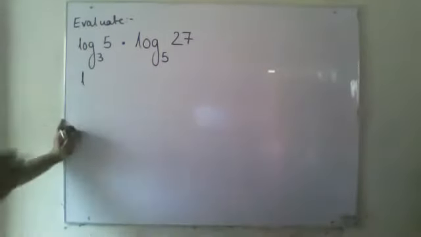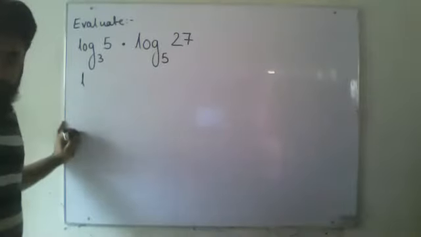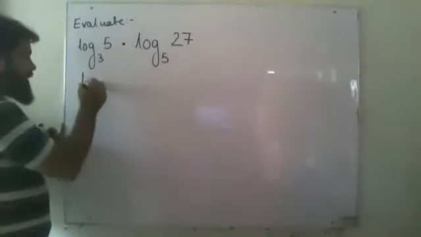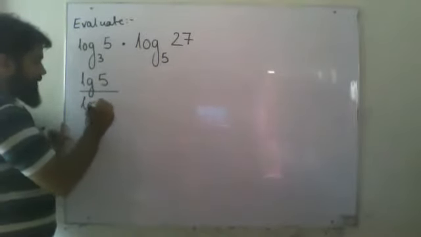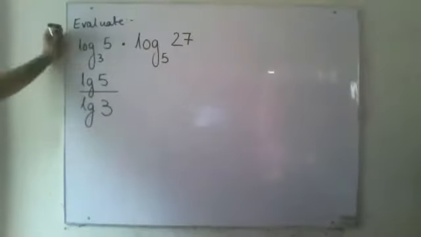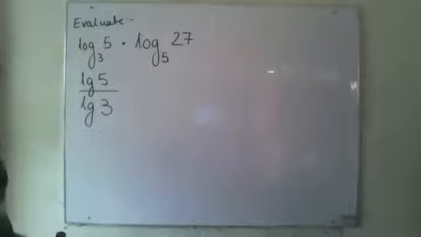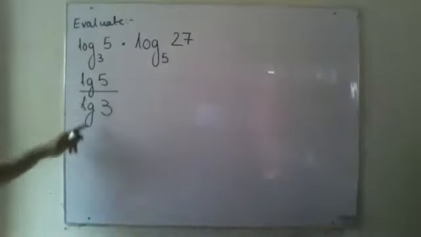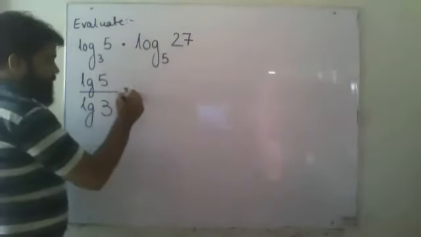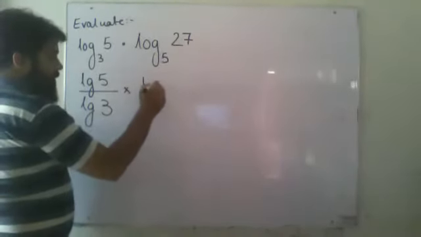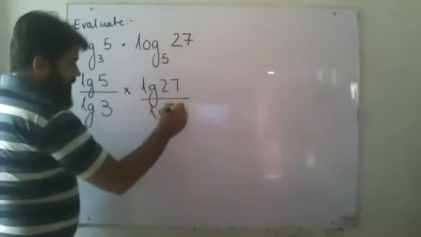I'm bringing lg, log with base 10: lg 5 over lg 3. I produce a new log, and that log is lg with base 10. This is my new log which I have introduced. Multiply by this one, lg 27 over lg 5.